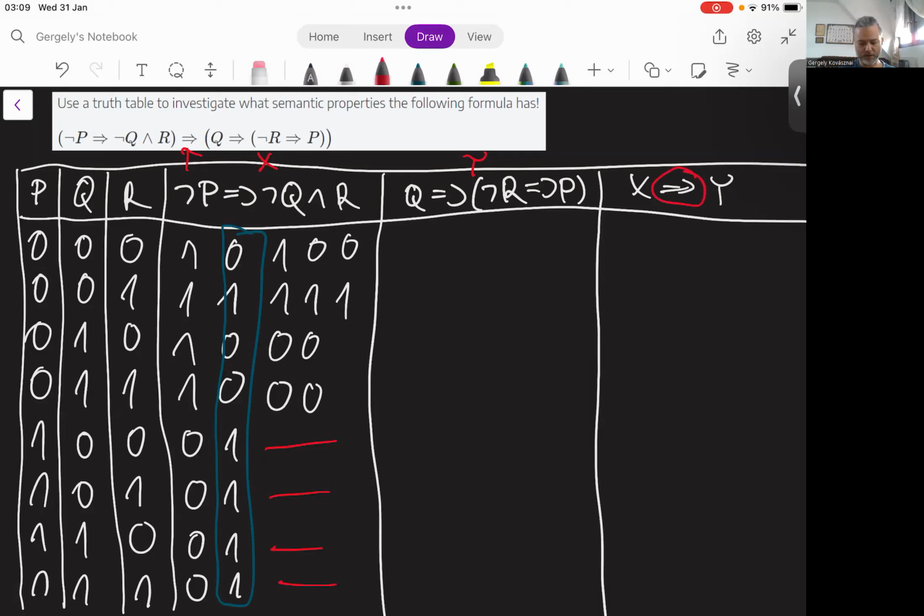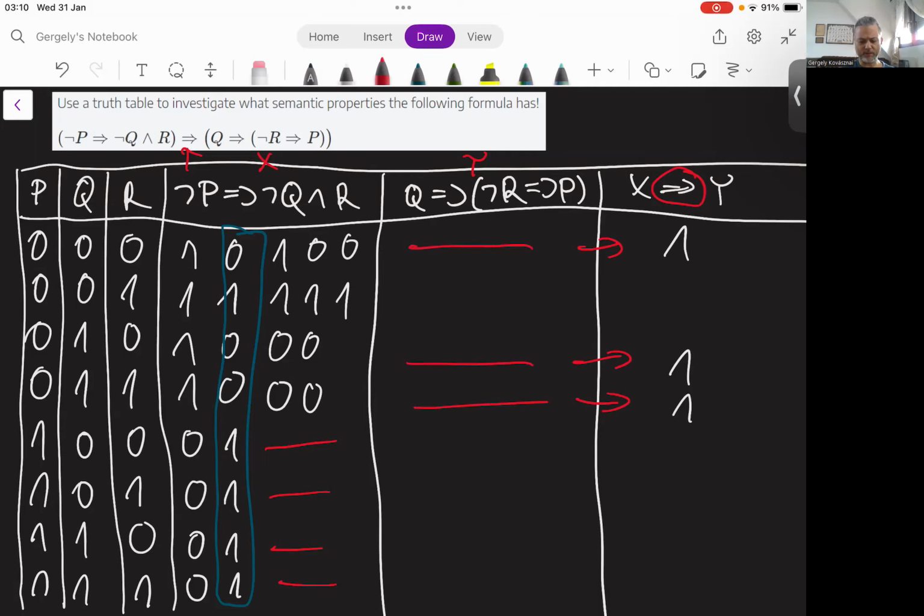So therefore, if we check out the values of X, we can immediately deduce the values of the main implication in some cases. I'm talking about those interpretations where X value is 0, because in those interpretations, the main formula evaluates to 1 immediately. So this means in those 3 interpretations, we don't even need to evaluate Y, right?